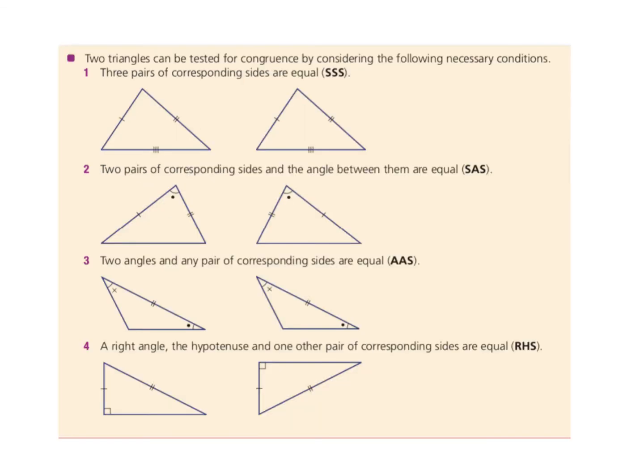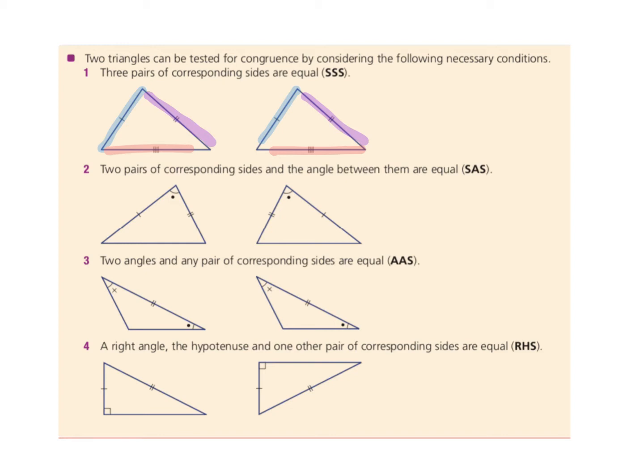All right, two triangles can be tested for congruence by considering the following necessary conditions. First, 3 pairs of corresponding sides are equal. Looking at this one here, we can see that side's the same, this side's the same, and that side's the same. So if 3 sides are the same, we could say they are congruent.